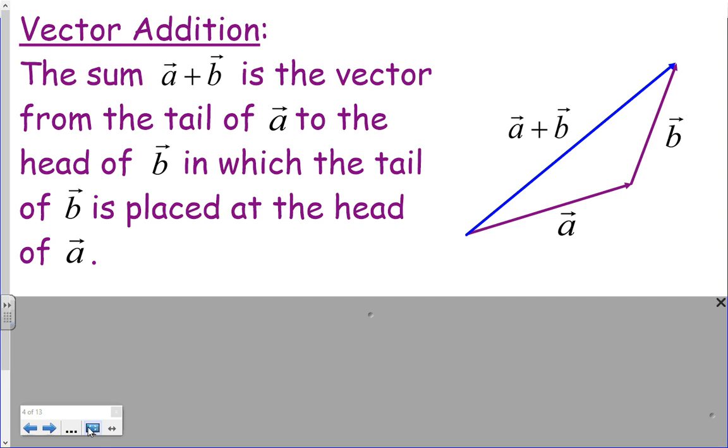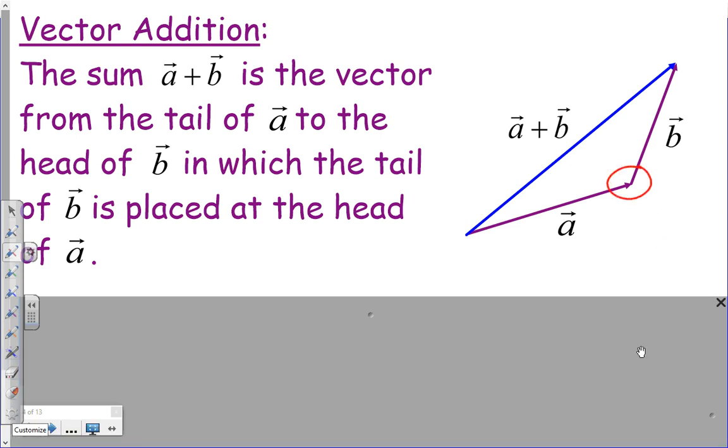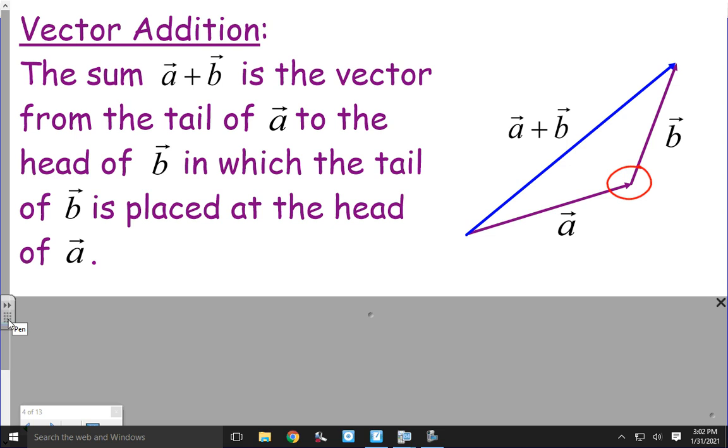The key to this is you have to place these two vectors so that the head of one vector and the tail of the other vector share the same point. And then the sum of those two is just the vector that starts at the tail of vector A and ends at the head of vector B, as you see. That's vector addition.